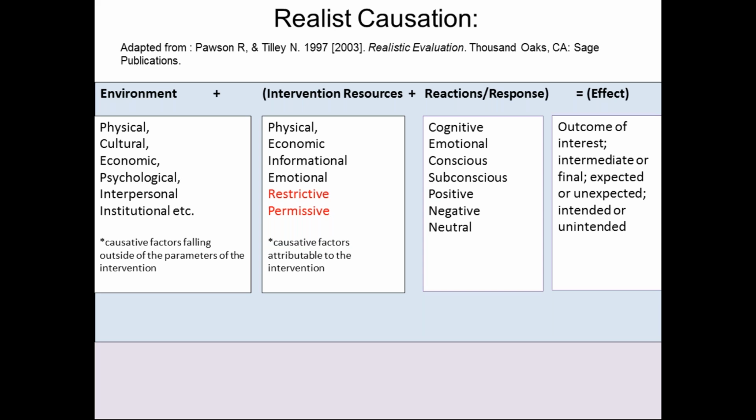And the effect, we're talking about the outcome of interest, so that's obvious, but we're also talking about intermediate and or final results. They can be expected or unexpected, intended or unintended. We're really opening up the definition of outcomes to mean any kind of impact that this context mechanism association has. And that's how we're defining outcomes.